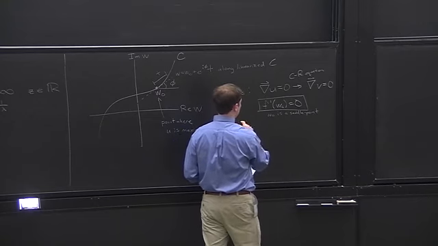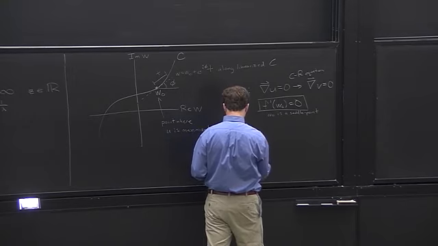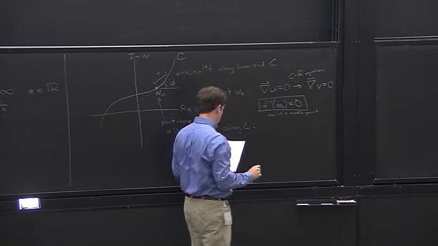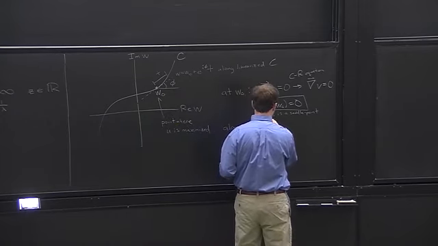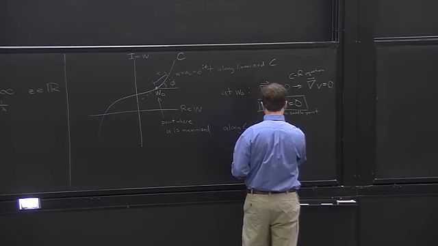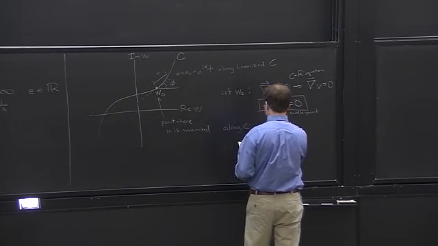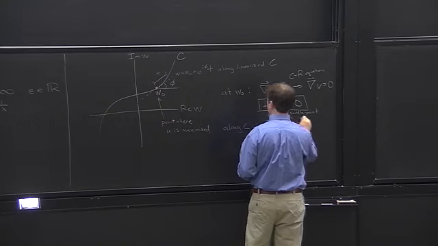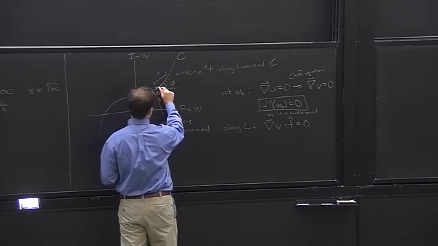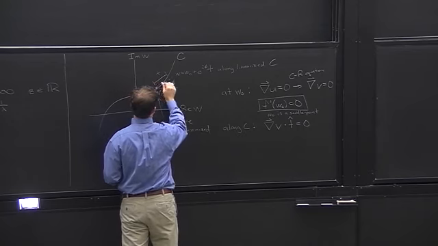So this is the point W naught, and along the curve C, we know that the gradient of the imaginary part is perpendicular to the tangent vector t, which is in this direction.